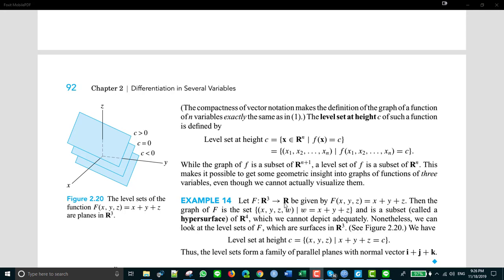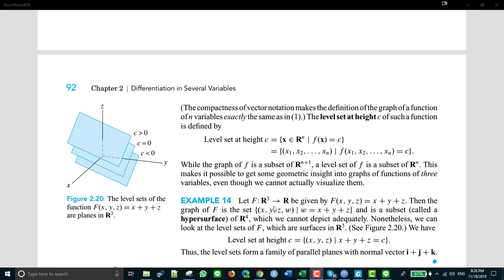That requires 4 dimensions, right? The domain is in 3 dimensions. Then we need one more dimension, which we don't have. But anyway, talking about the level curves for this might give us some insight into what this thing is.